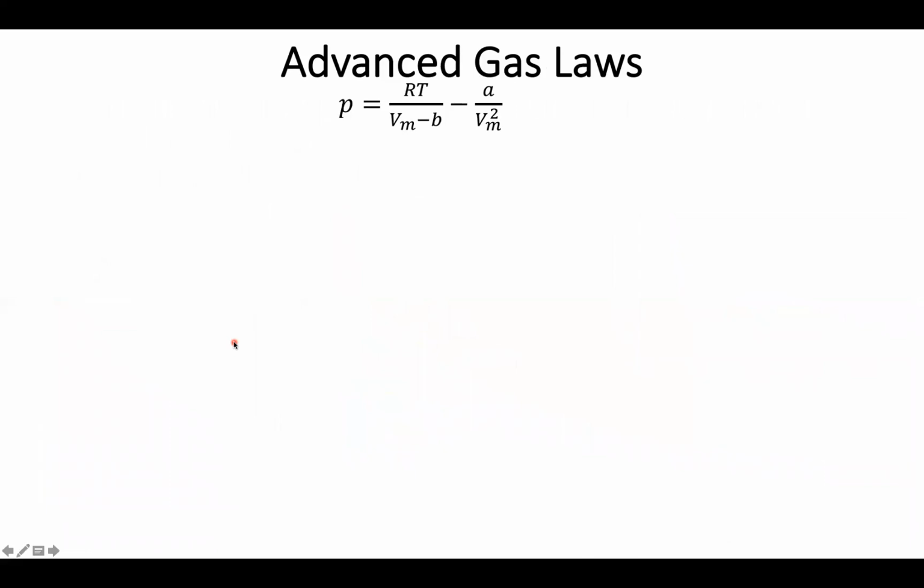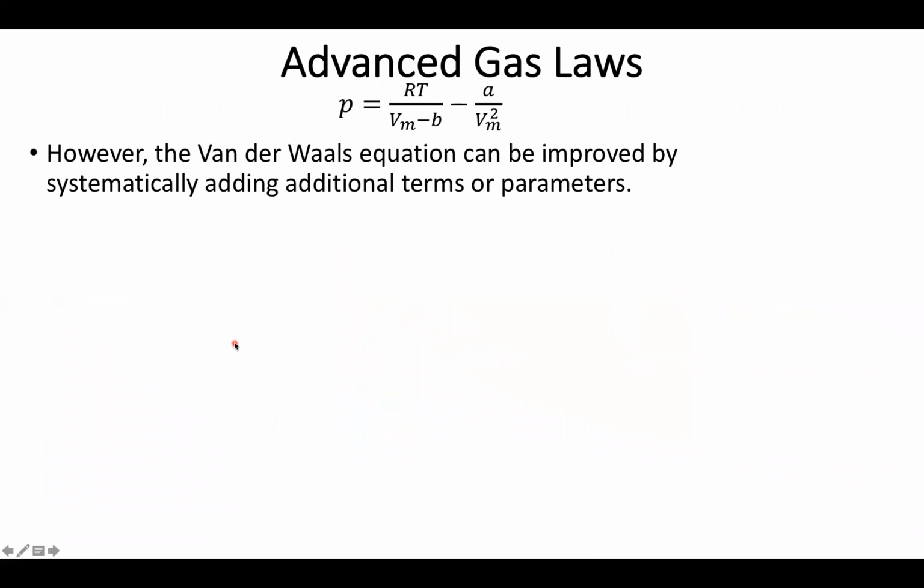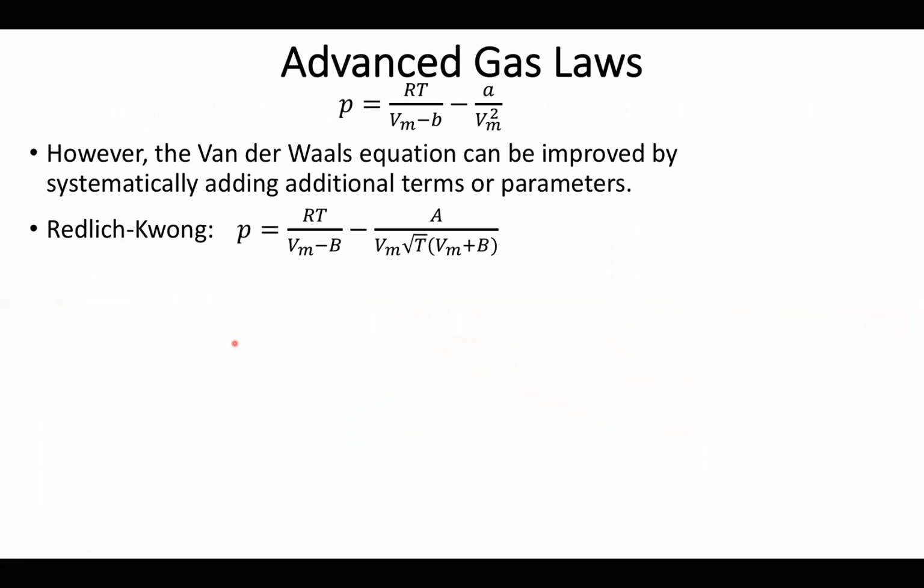So some people like to try and improve the van der Waals equation by essentially systematically adding additional terms or parameters to give us more information. So one of the simplest improvements is called the Redlich-Kwong equation, and it's more or less I'm trying to improve the description of the intermolecular forces.